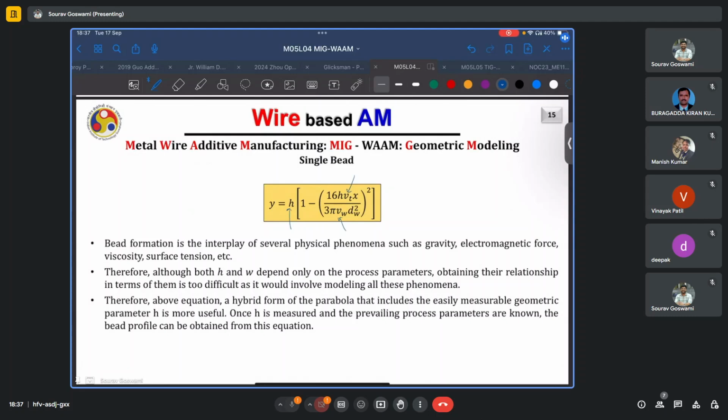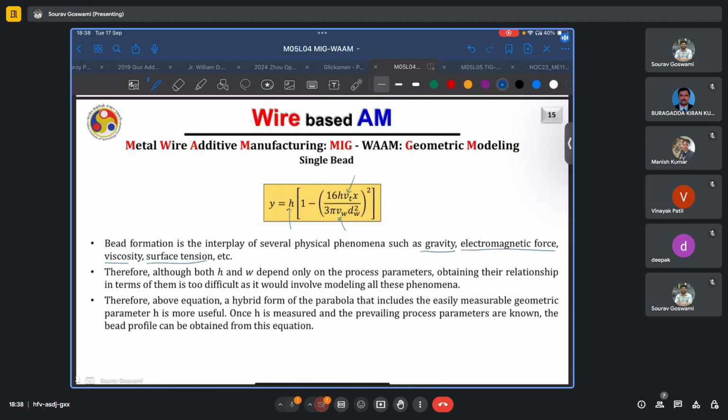However, this is a very simplified model relying only on the geometric characteristics, whereas in reality, the bead formation is the interplay of several complex physical phenomena involving gravity, electromagnetic or Lorentz forces, viscosity, surface tension.